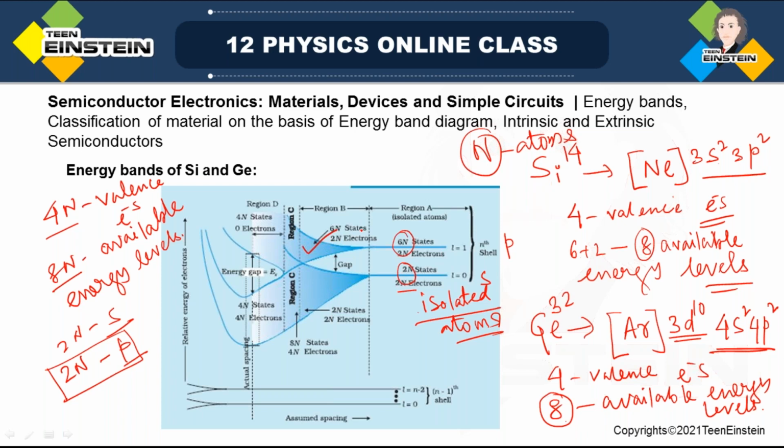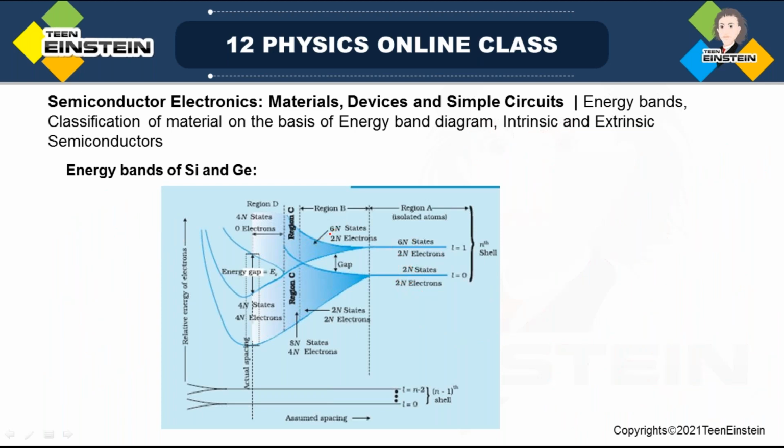There will be 6n P states with higher energy, and at the same time there will be 2n electrons in the P. So this is called the P band, and this is the S band. In the S band there are 2n electrons, and in the P band also there are 2n electrons, and there is a gap between the P band and the S band. The P band is actually called the conduction band, and this is called the valence band.